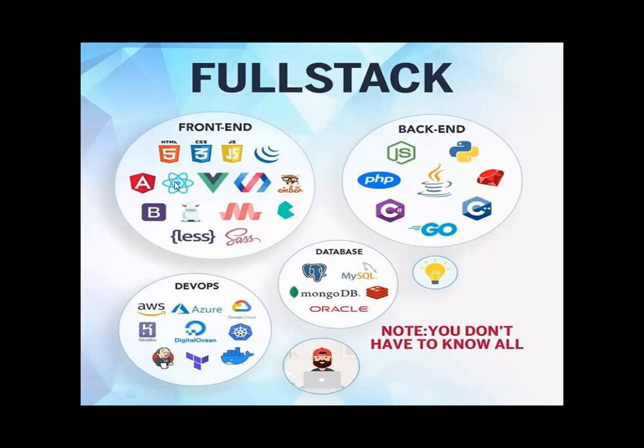Like you take React as the front end, you take Node.js as the backend, or you can use PHP for backend, and you can use Python for backend, and you can just select one database language or framework which you are comfortable in, and then you can pick up one company where you can host that website.